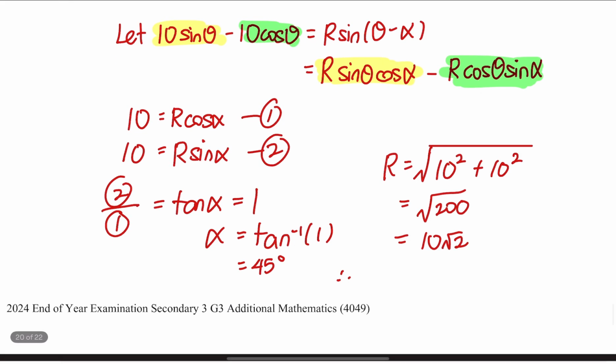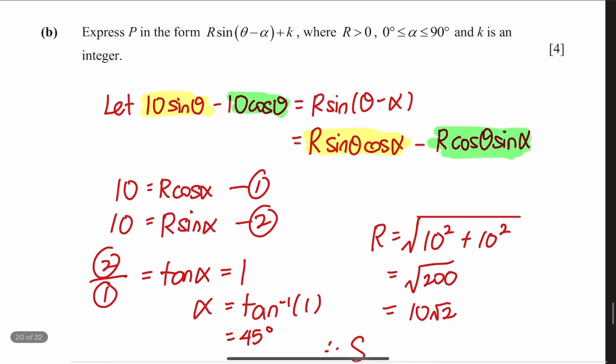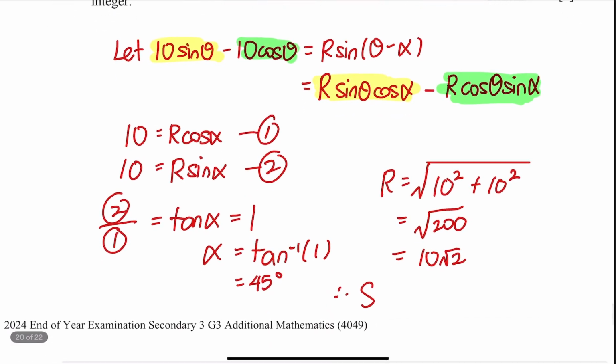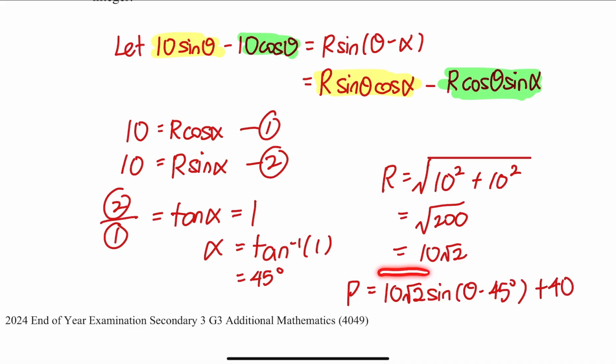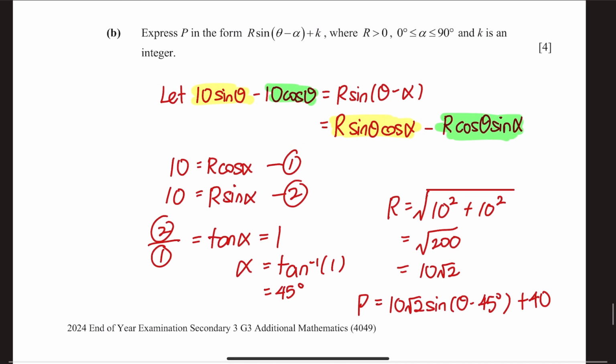Therefore, final answer: this expression here, P, can be written as 10 root 2 sine theta minus 45 degrees plus 40. Okay, take note, this one must be simplified from square root 200. Okay, so if you never simplify here, you lose a mark. So please make sure you simplify all your surds in your final answer.